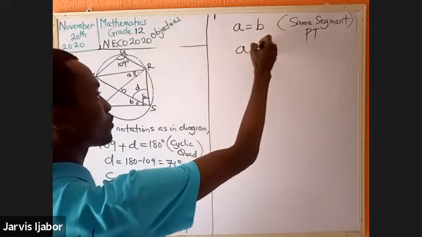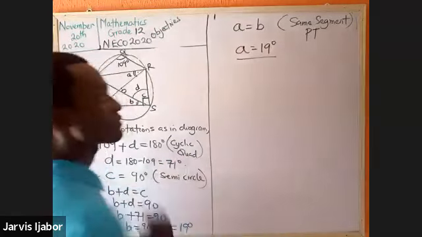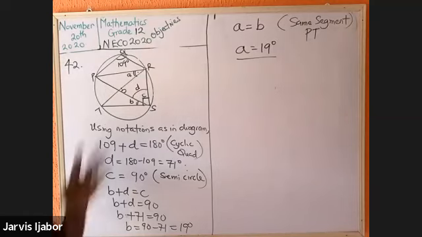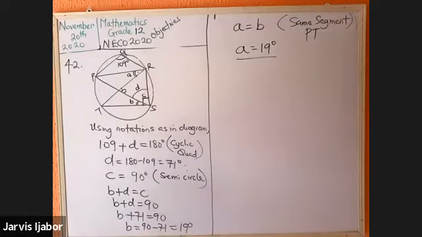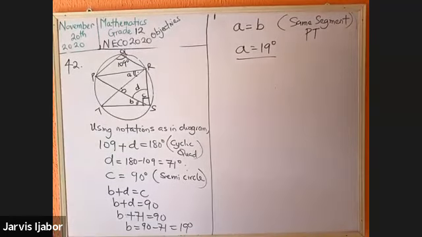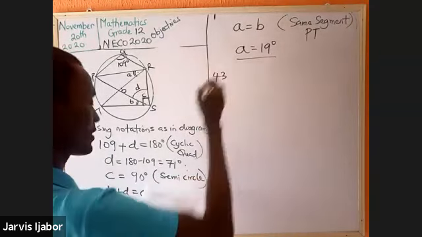So A will be equal to 19 degrees. Are you seeing it? This one appears very, very long. And I think this is the most demanding question we've solved so far. And this one comes under circle geometry. So that's how question 42 will be handled. Now let's look at question 43. In 43, you are told that there's a triangle.